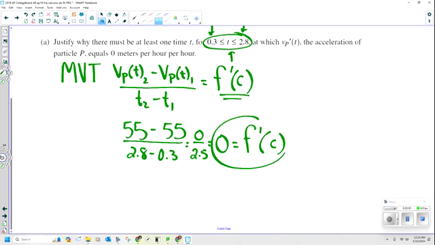So here it is. And justify. I think by the mean value theorem, but let's just write a little note.